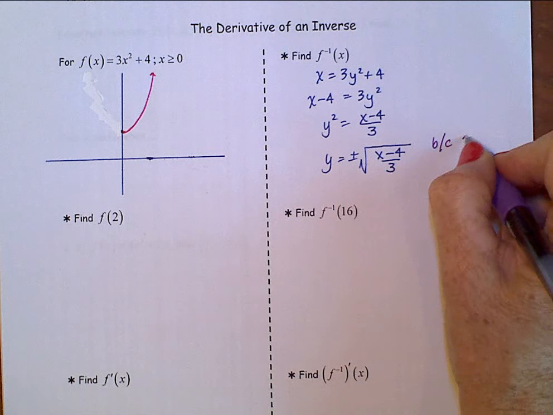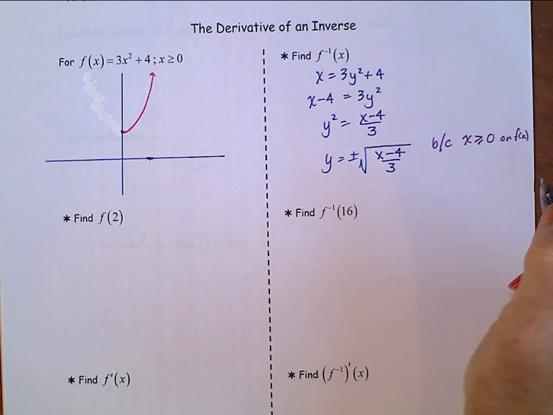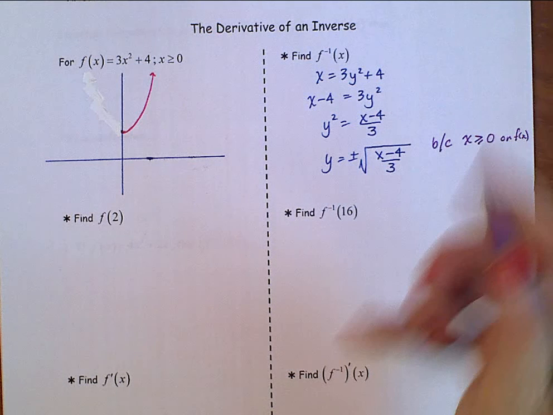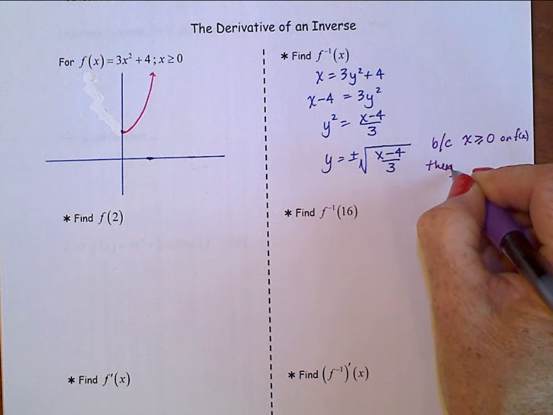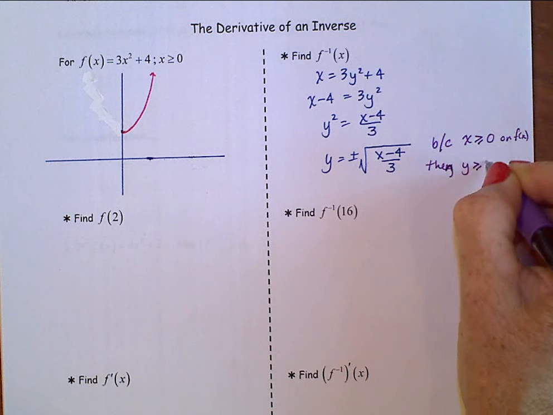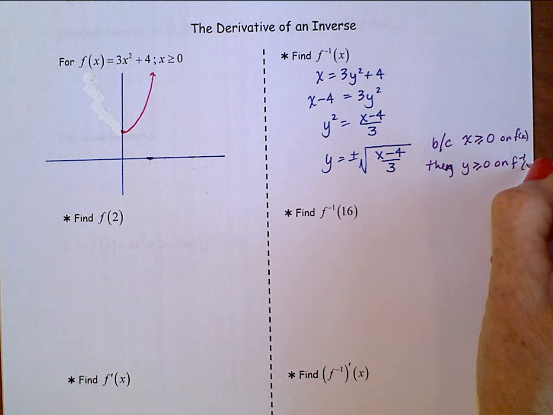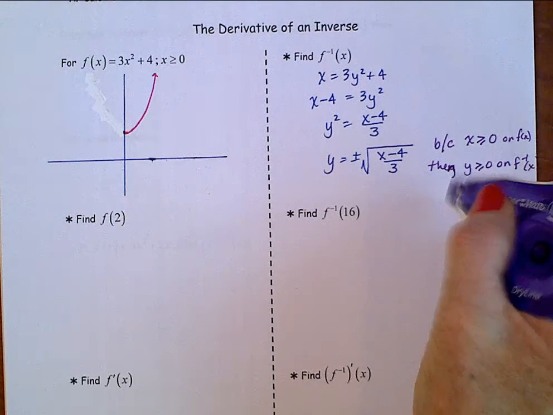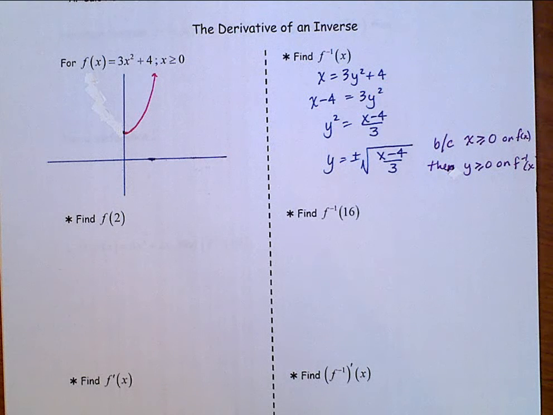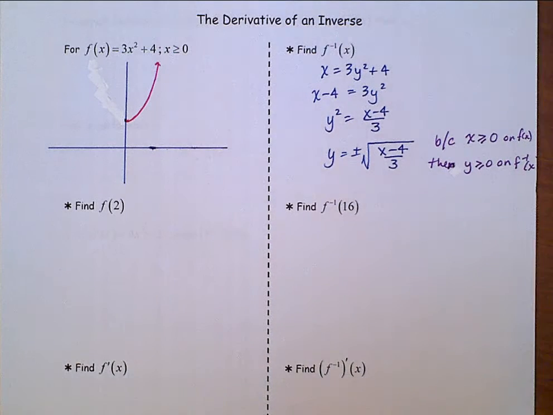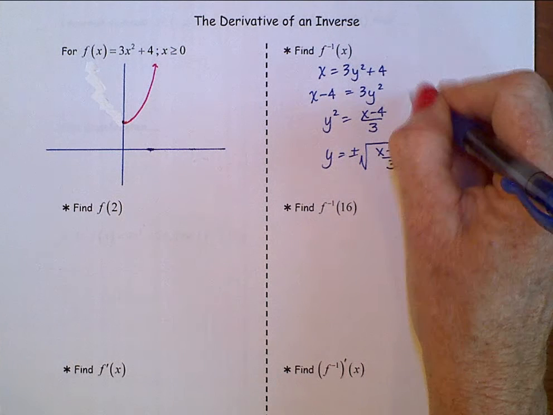Because x was greater than or equal to 0 on the original function, and we switch the x and the y for the inverse, then y has to be greater than or equal to 0 on the inverse. Y has to be positive. That means we need to take the positive square root.